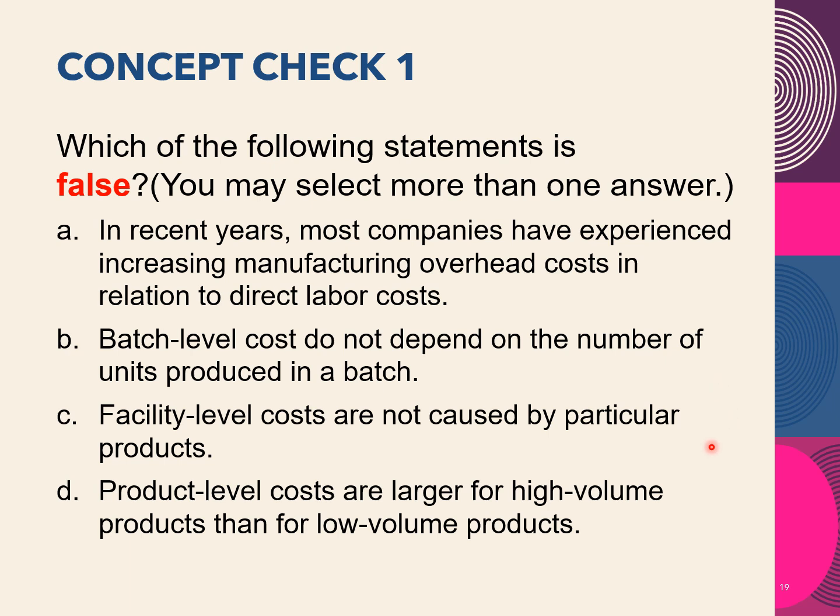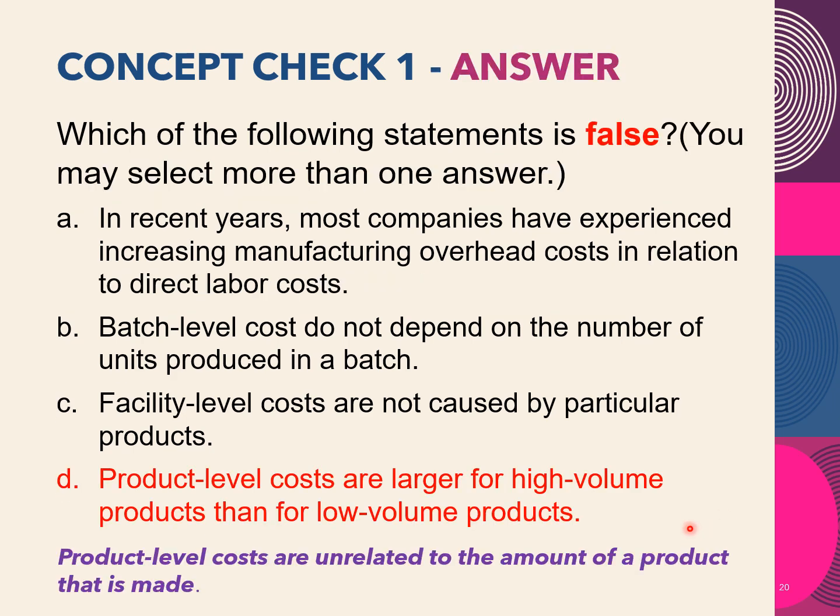C. Facility labor costs are not caused by particular products. D. Product labor costs are larger for high-volume products than for low-volume products. What is the answer? B is false, because product labor costs are unrelated to the amount of a product that is made.